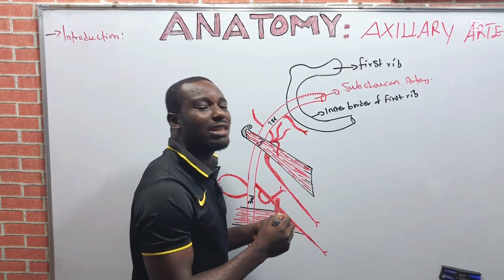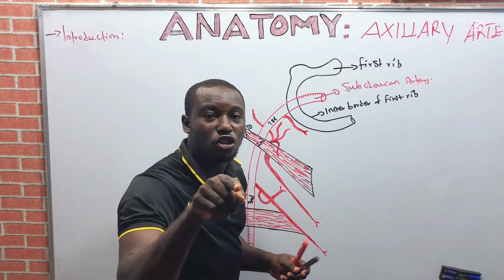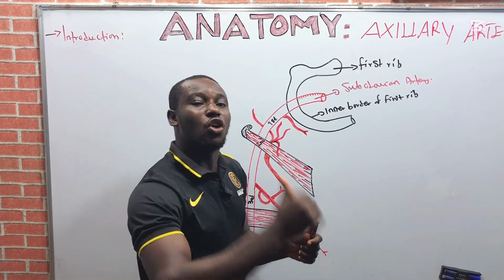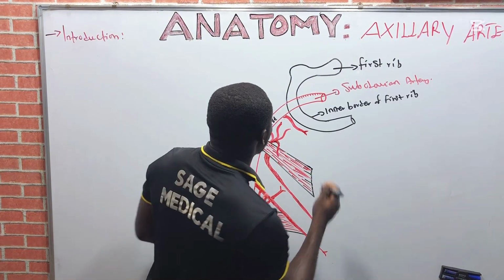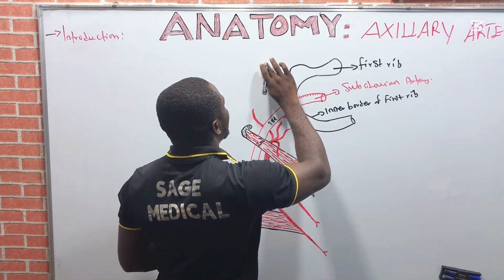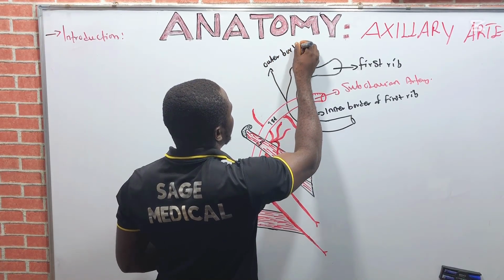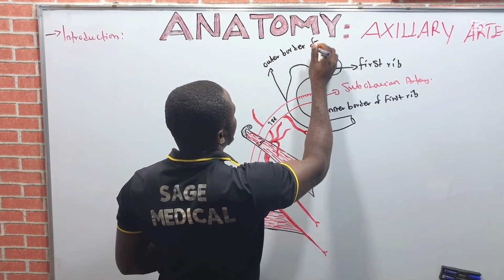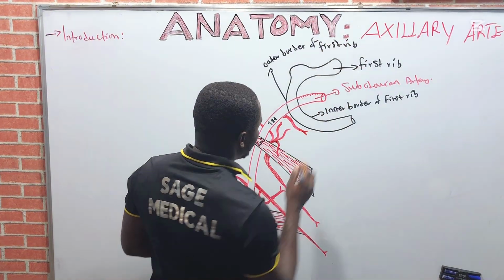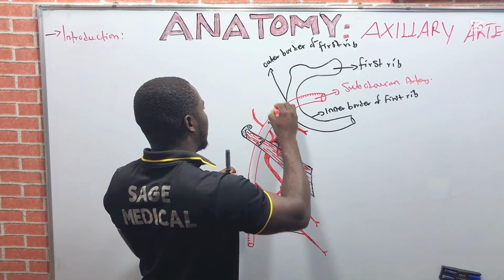That means the outer border of the first rib is an important landmark because it indicates the termination of the subclavian artery and the origin of the axillary artery. Here is the outer border of the first rib. This is the axillary artery going downward.